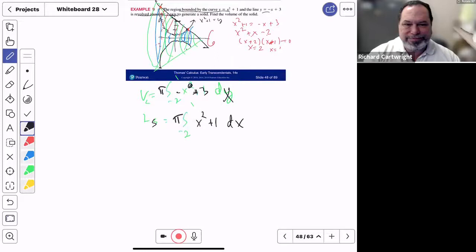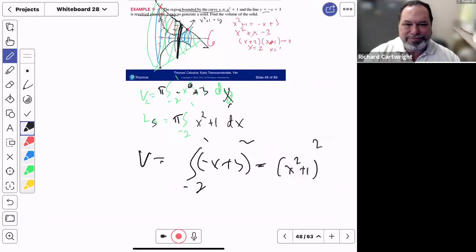It's the same dx for both, because when I slice out a disk, it's still the same dx for both. So I put it together as one. Volume will be the integral from -2 to 1 of the negative x plus 3, the outside function, squared, minus the inside function, x squared plus 1, squared, dx.